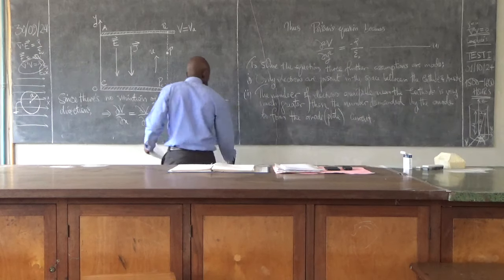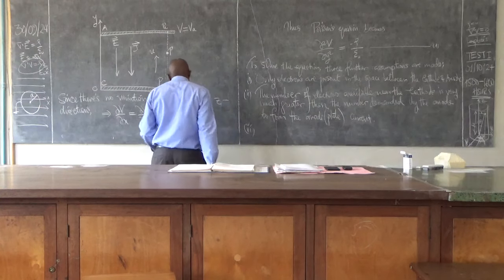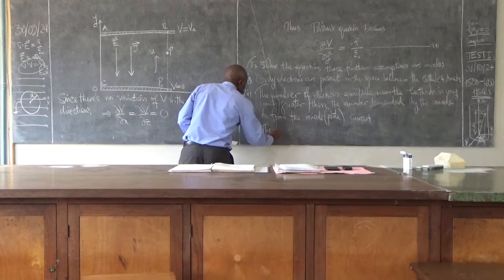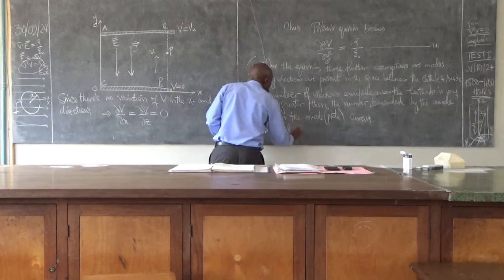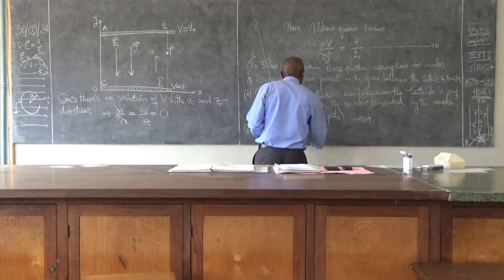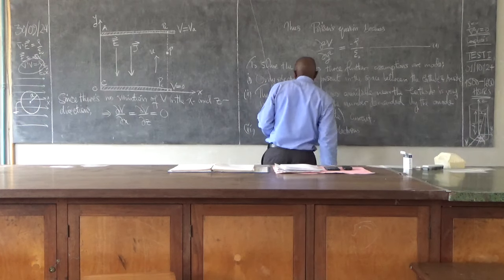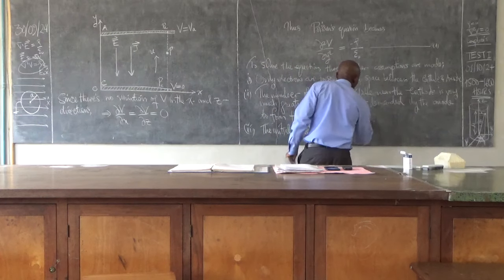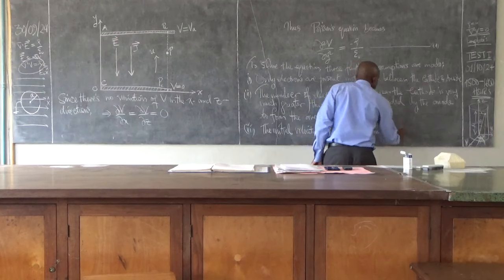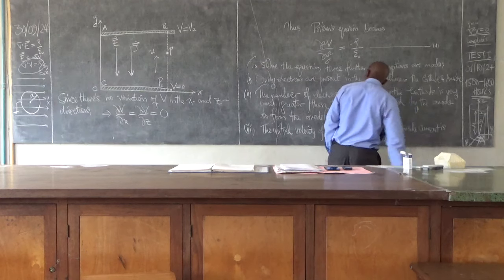Finally, the third further assumption is that the initial velocity of electrons forming the anode current is zero.